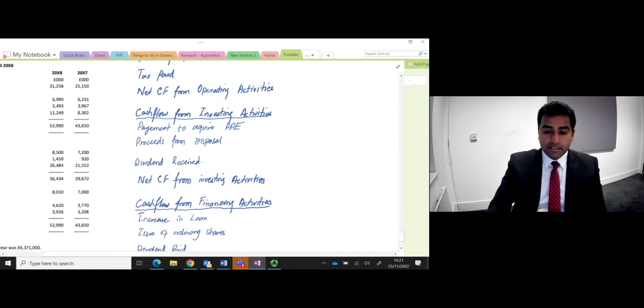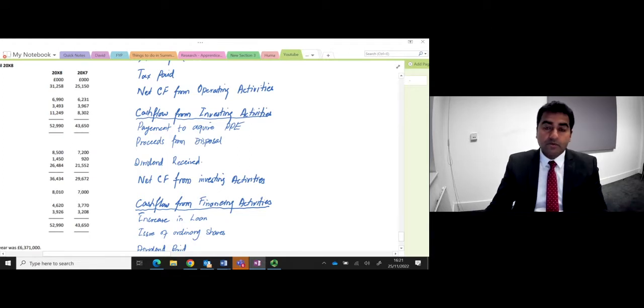Then the next heading is cash flow from investing activities. We normally record payment to acquire any property, plant and equipment, or proceeds from the disposal of property, plant and equipment, and any dividend received.